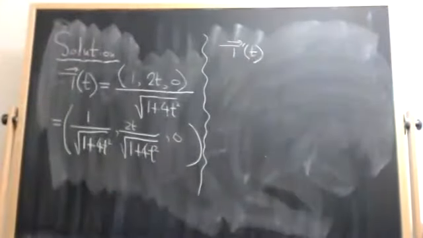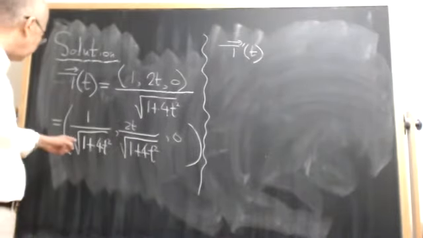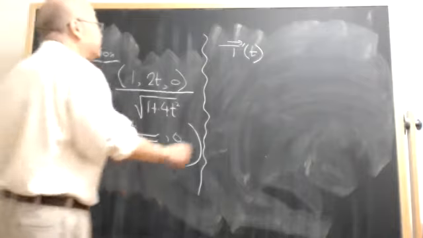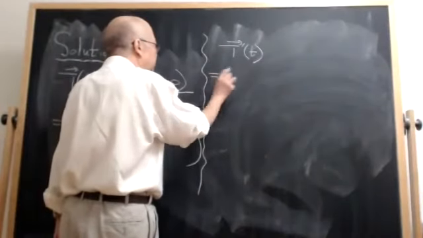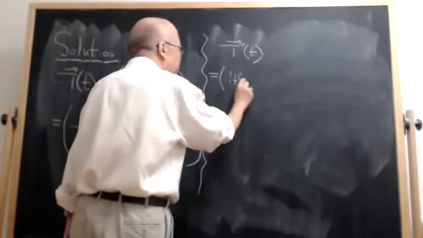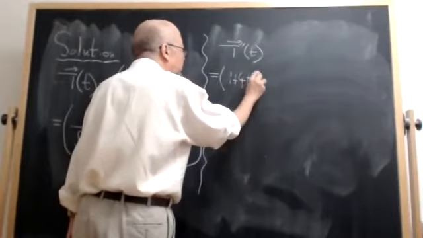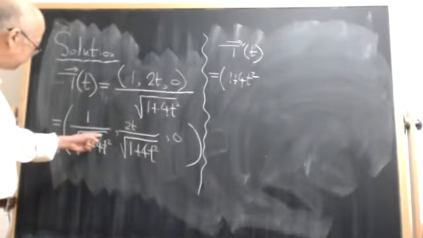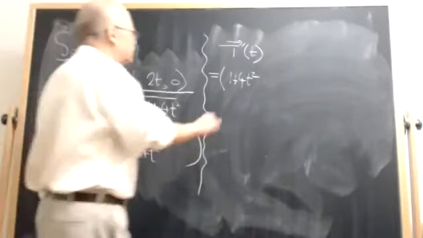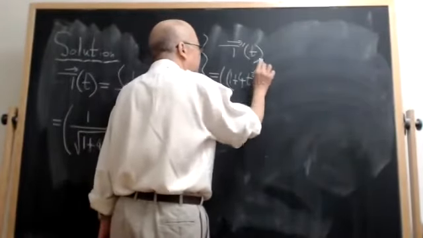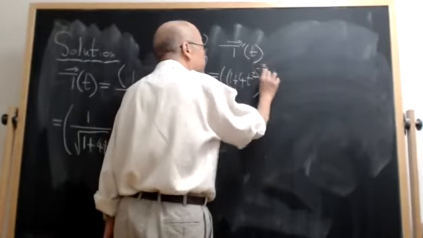So what am I going to get? I am going to get 1 plus 4t squared to the power minus 1/2 minus 1, which is minus 3/2.